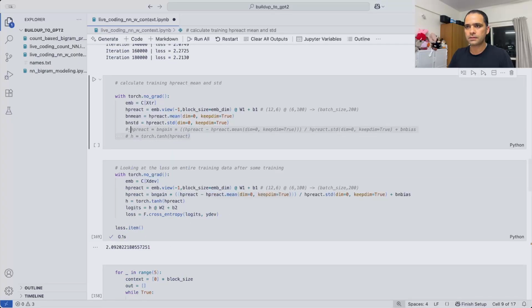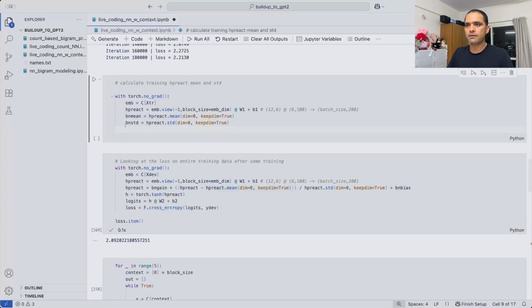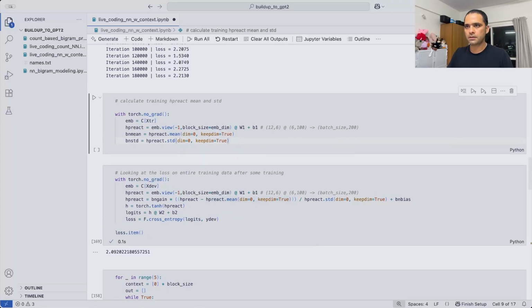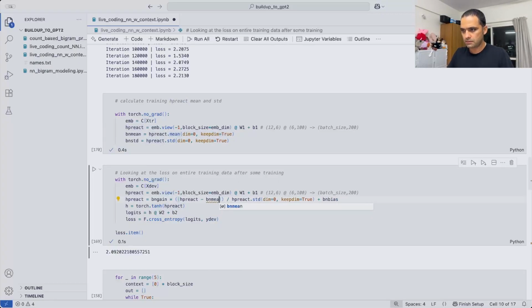And once we have done this, we have our bnmean and bn standard deviation for the entire training data, and then let's calculate this, and here we can instead use bnmean and bnstd.